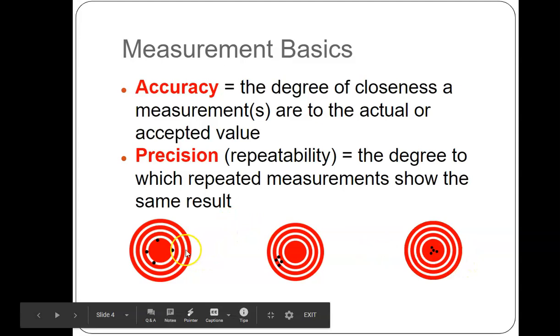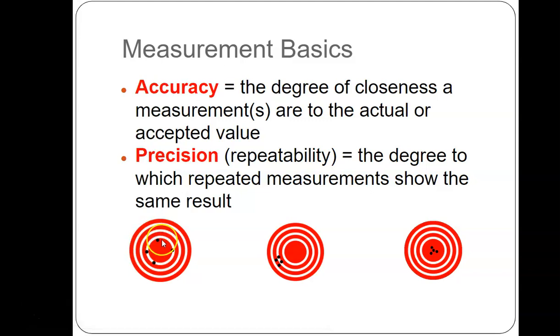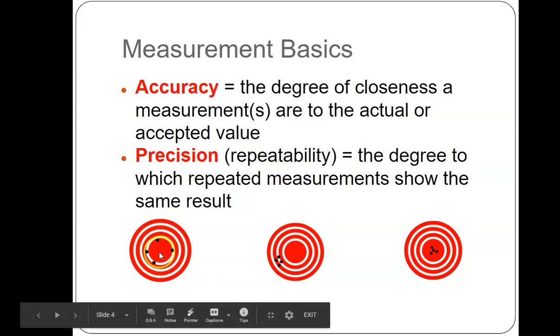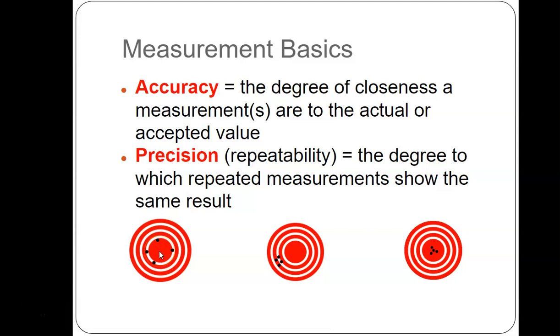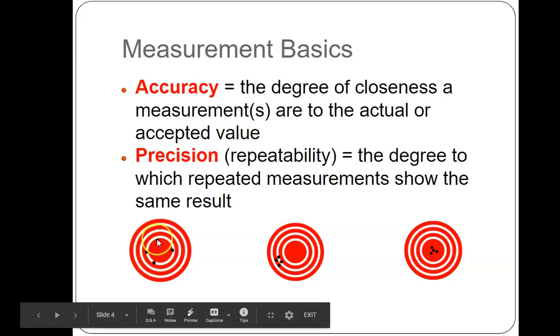The first one's like a bullseye, and if you want to hit dead center of this big red circle, here you can see that you are pretty close to the middle. If this was a measurement, and we have four different measurements, each of these little black dots is a measurement. We're pretty accurate, but as far as precise, we're all over the place. We might be a little high or a little low, but we're close to the actual measurement. So in this case, you have high accuracy, low precision.